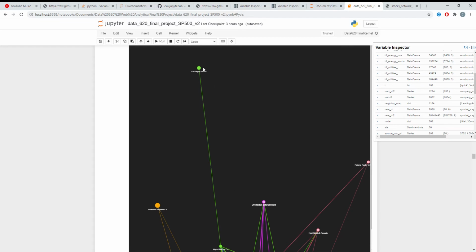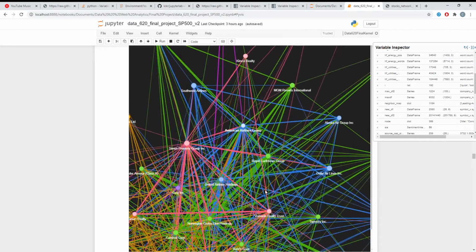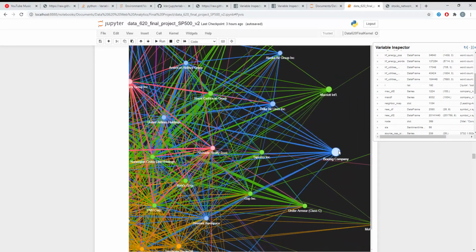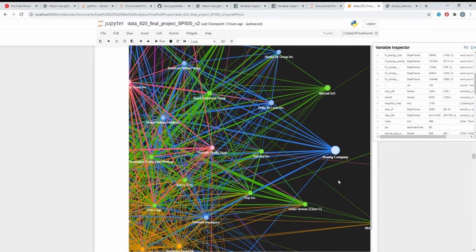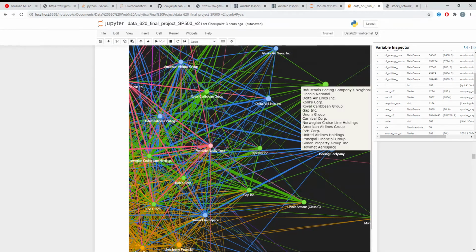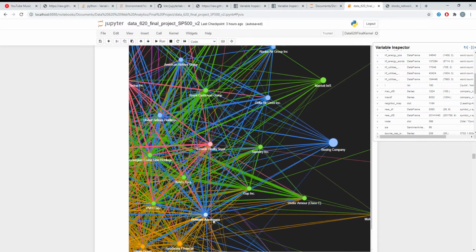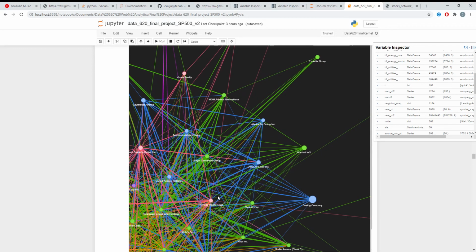You have Las Vegas Sands, Wynn Resorts, Southwest Airlines, and then a big one here, the Boeing Company, which makes the Boeing airplanes, so this is connected to a lot of the airlines as well. You see this aerospace company here, a similar type of thing, making airplanes.